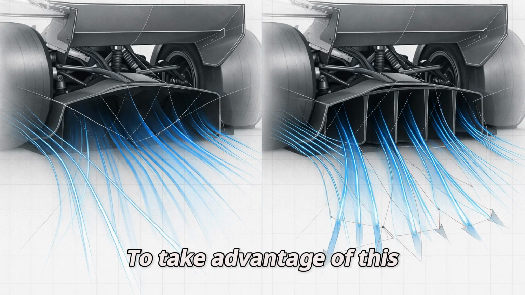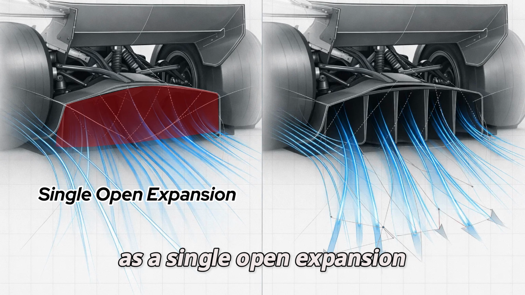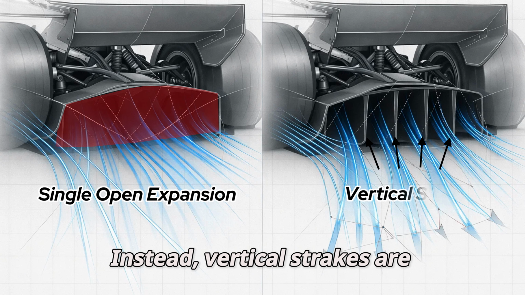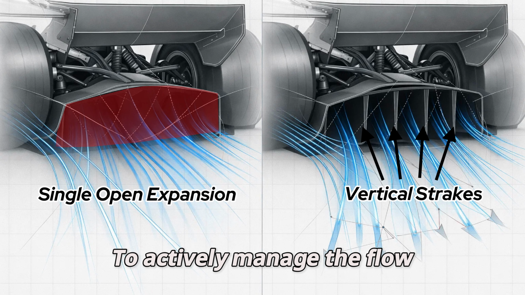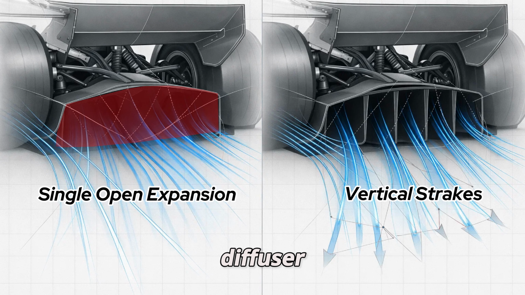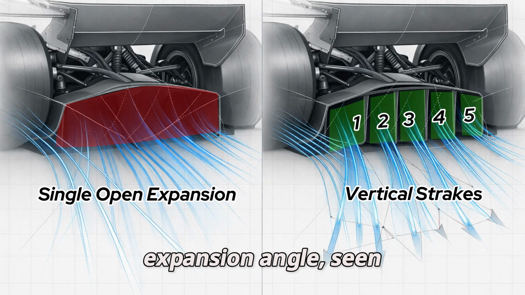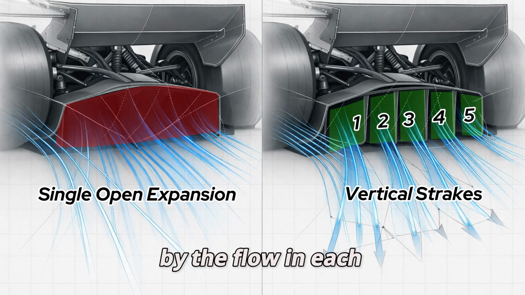To take advantage of this, diffusers are rarely left as a single open expansion. Instead, vertical strakes are used to actively manage the flow as it slows and expands. These strakes divide the diffuser into multiple narrower channels, reducing the effective expansion angle seen by the flow in each section.